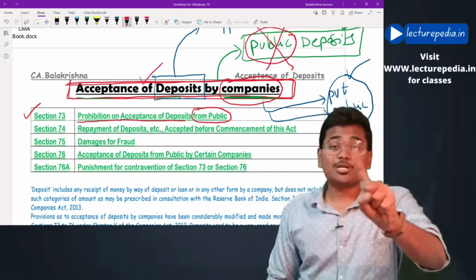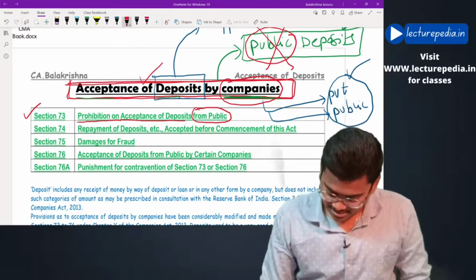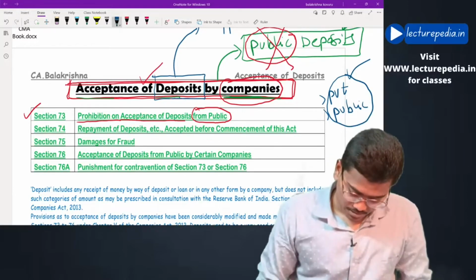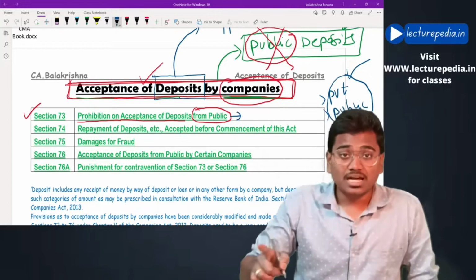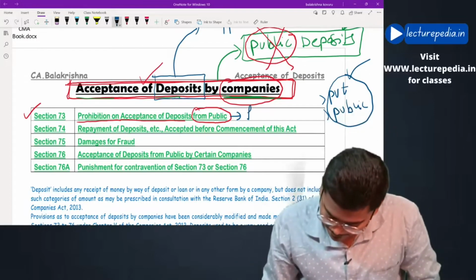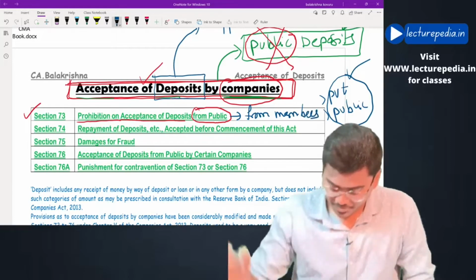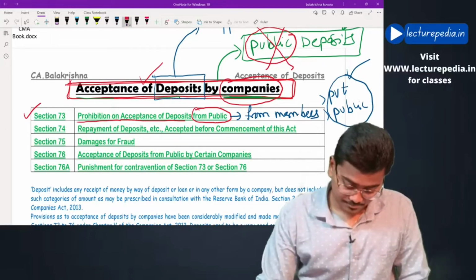That means deposits can be raised only from members as per section 73. Section 73 speaks about raising deposits from members.